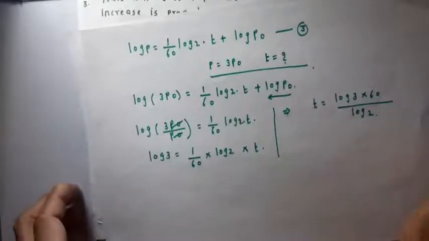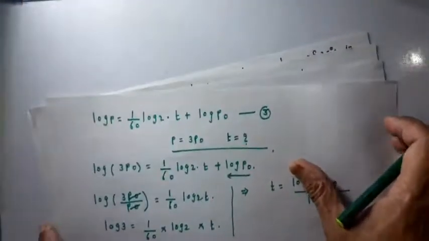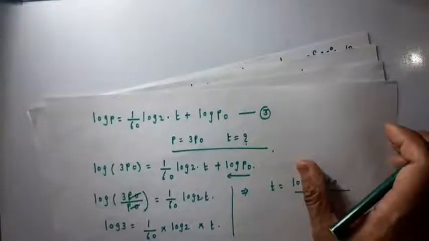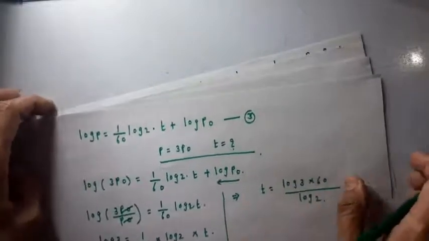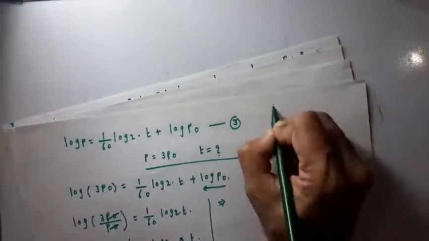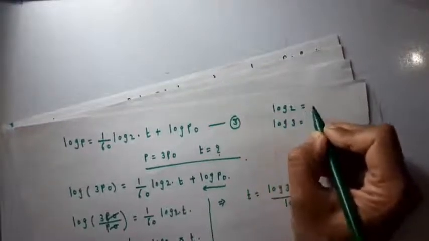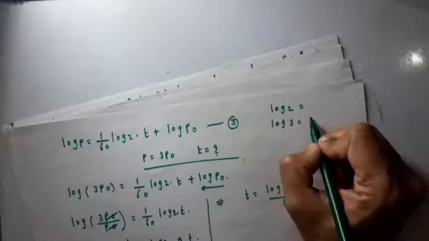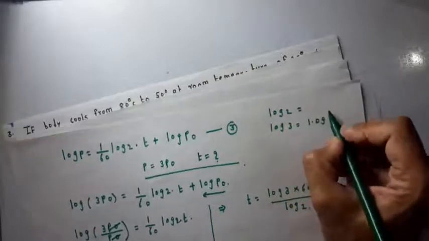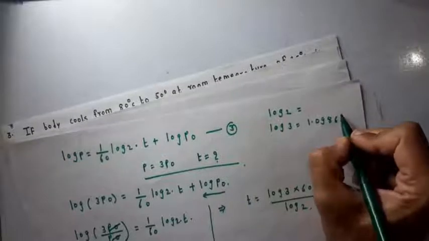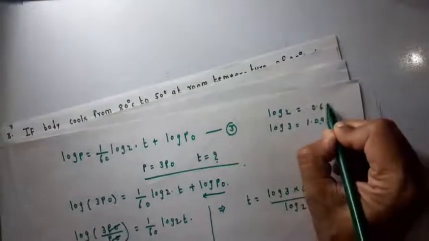And the values of log of 3 and log of 2 are given in the problem. Log of 3 equal to 1.0986 and log of 2 is 0.6912.